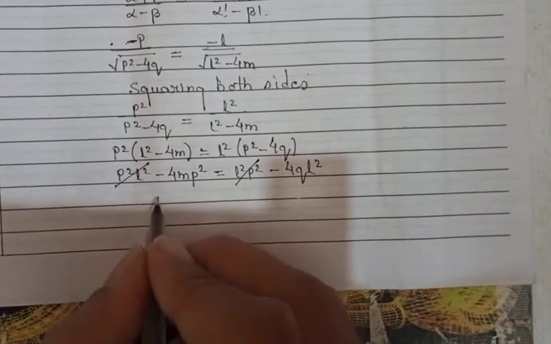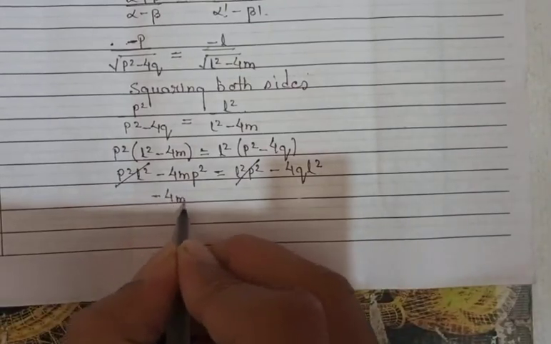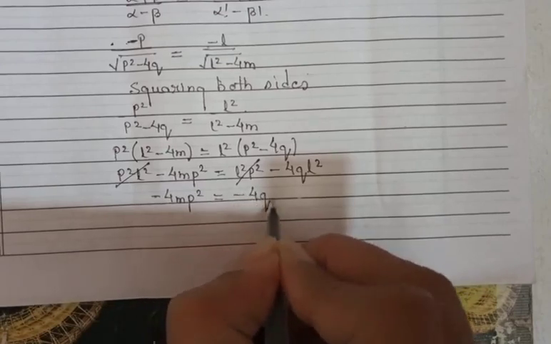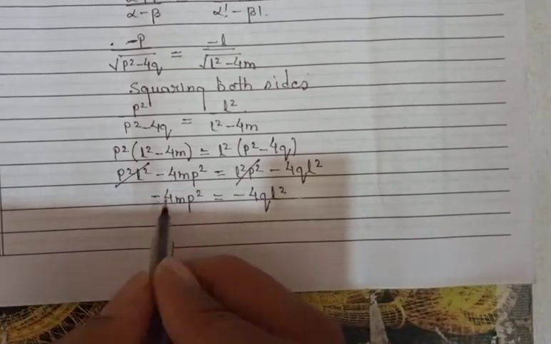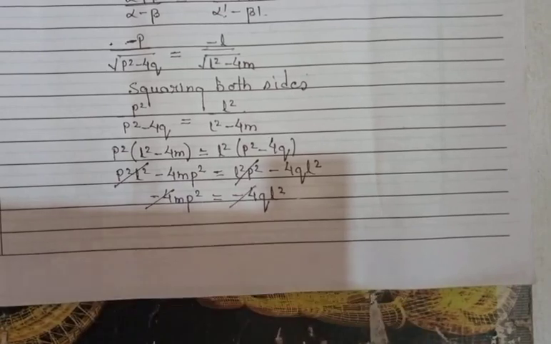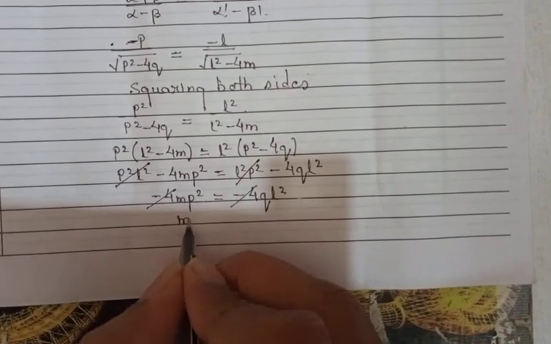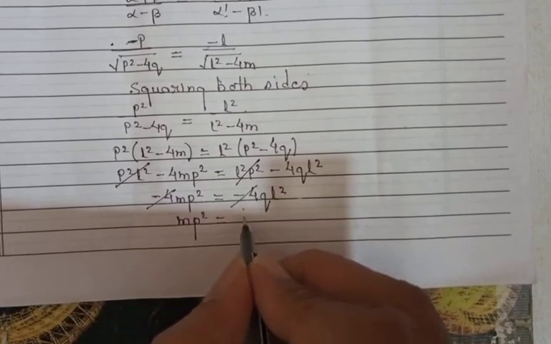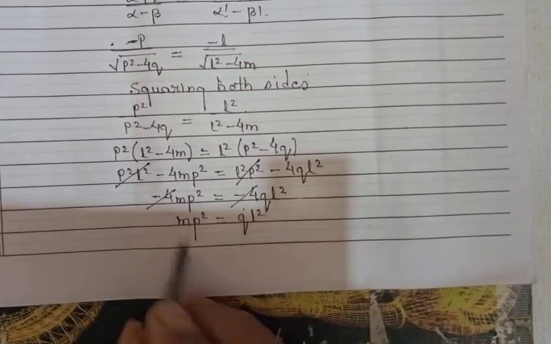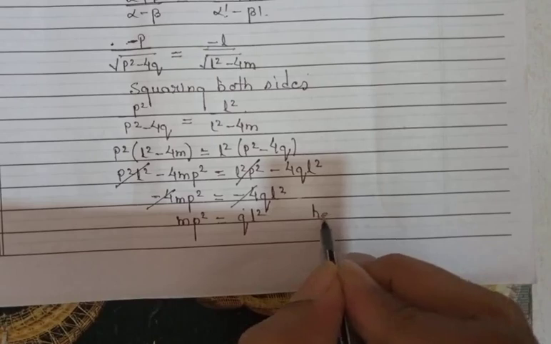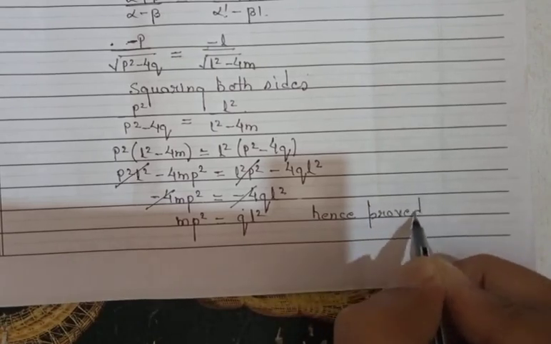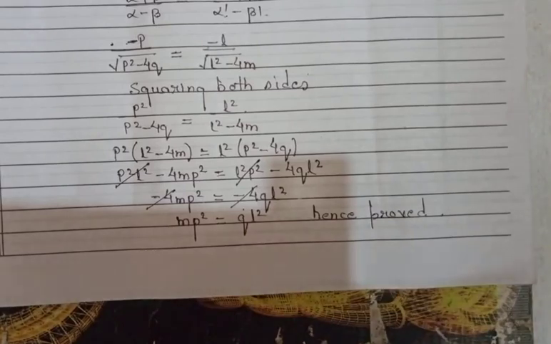So we are left with minus 4m p square is equal to minus 4q L square. Minus 4 will cancel out, so you are left with m p square is equal to q L square. So this was required. Hence proved. Hope this is clear to you now.